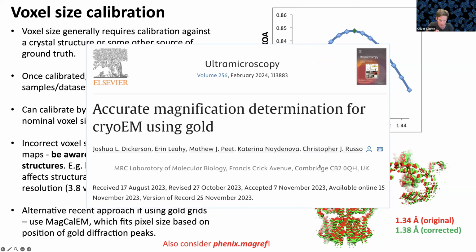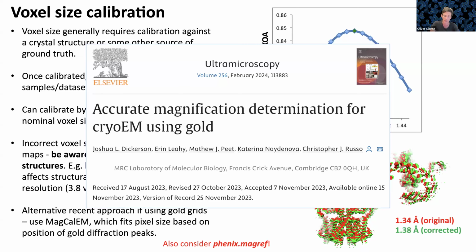And the other thing I want to highlight, which I don't know whether Pavel mentioned or not, is that there's an automated implementation of that manual, correlation-based approach now available in daily builds of Phenix called phenix.magref, which Pavel implemented, and Randy Read also implemented something similar in Phaser. I've found those very robust for calibration of pixel size, so I would strongly consider looking at those.